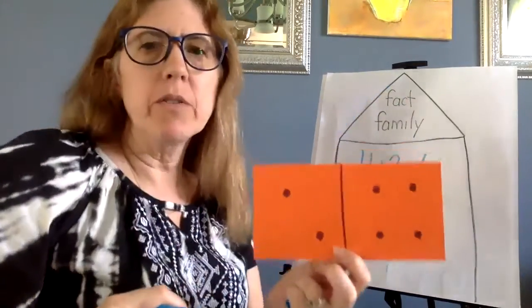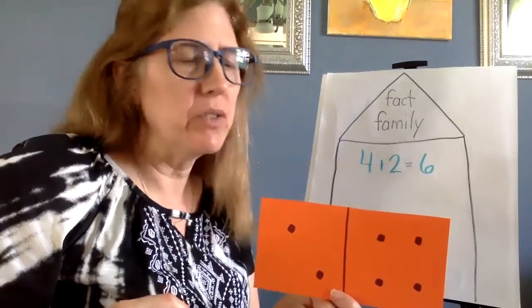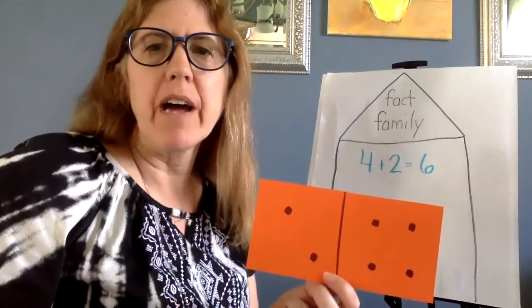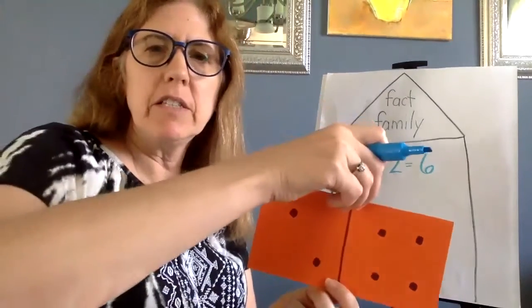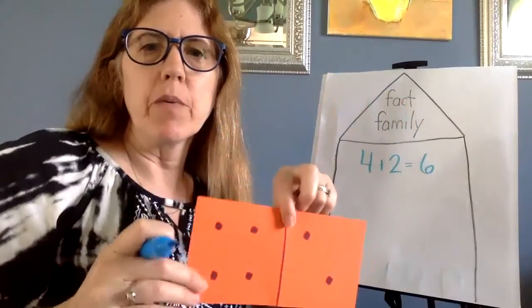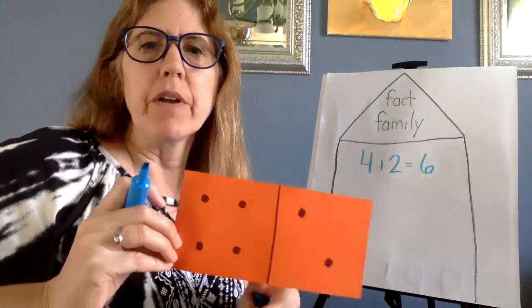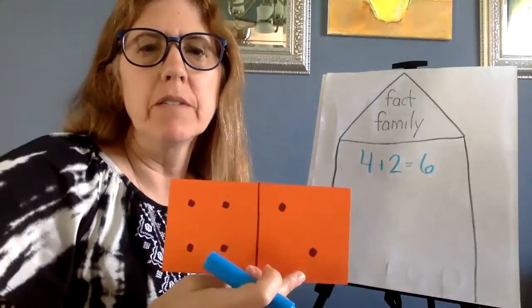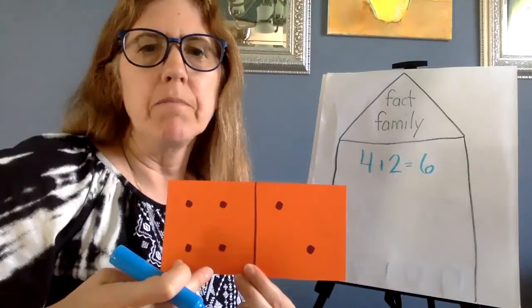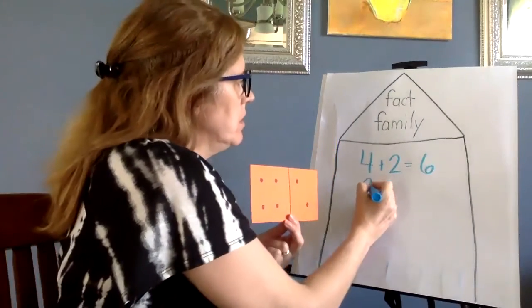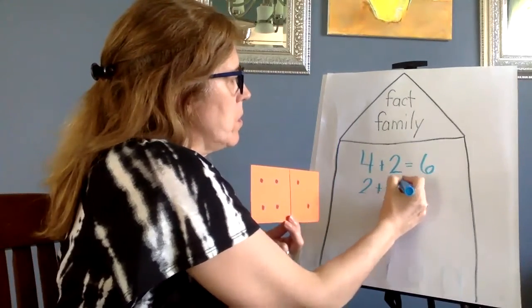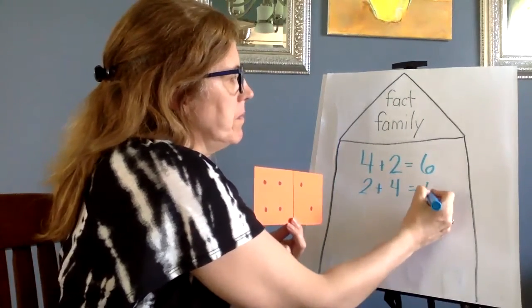Now we're going to do the turnaround fact. If you were at my Zoom this week, you learned the turnaround facts are just taking the domino and turning it around, taking the numbers and turning them around. Now we have the 2 in the front and then the 4. So we're going to go 2 plus 4 equals 6.